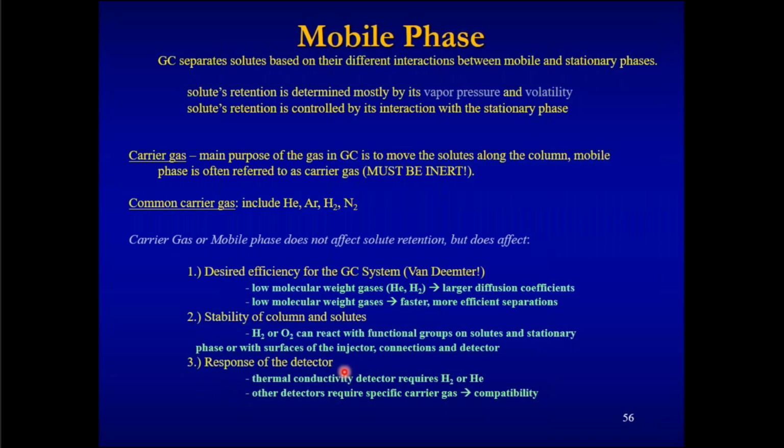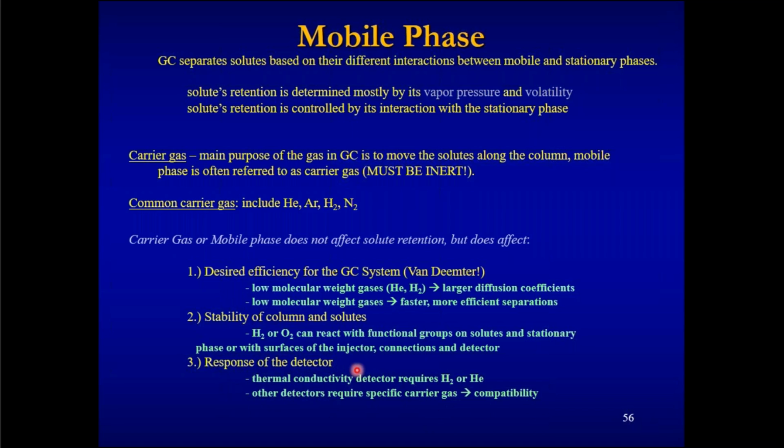Response of the detector can also be affected by carrier gas. Thermal conductivity detector requires hydrogen or helium. That means what it actually requires is a carrier gas with a high thermal conductivity. Then the sensitivity of the detector will be very high. This is one of the detectors which will be studied. Other detectors require specific carrier gas based on their compatibility.